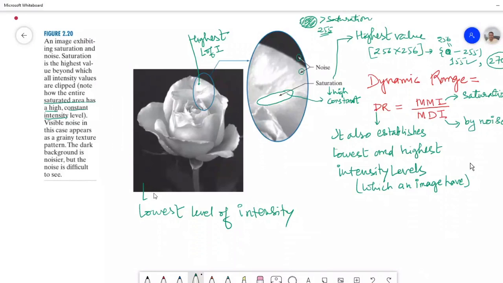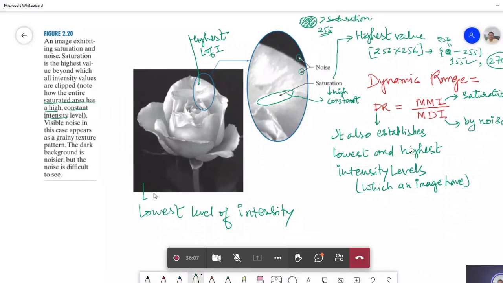So see here, I am closing it. Come here. You can also write about the dynamic range. Here I am writing dynamic range, a simple DR. So what is this?